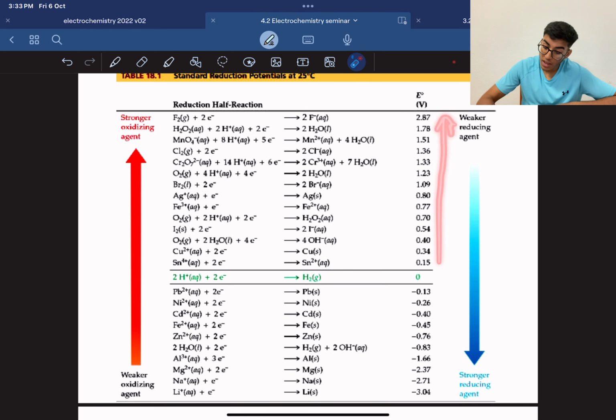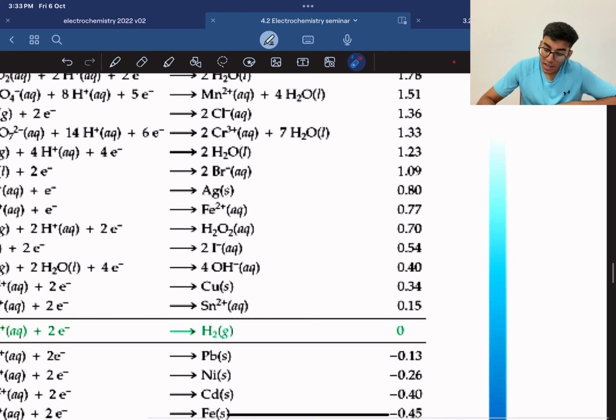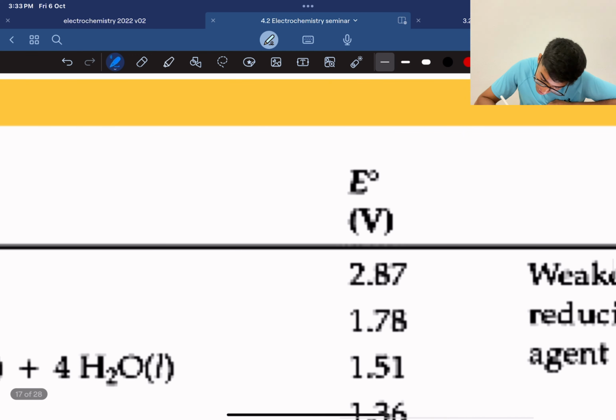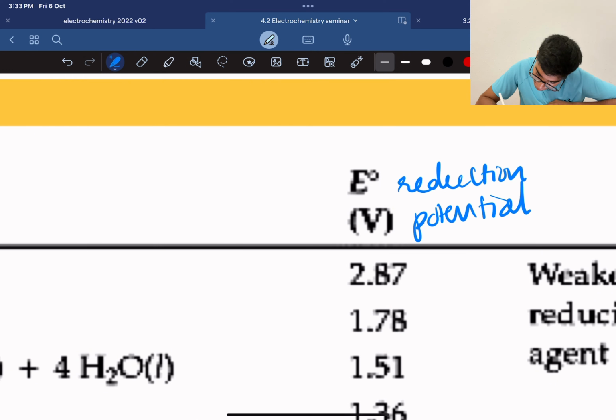Understand? And as we go lower and negative, that means it's gonna get oxidized more. Again, this E naught value is also called reduction potential.